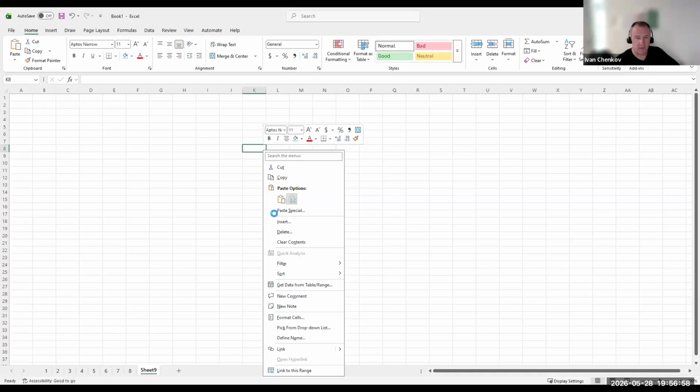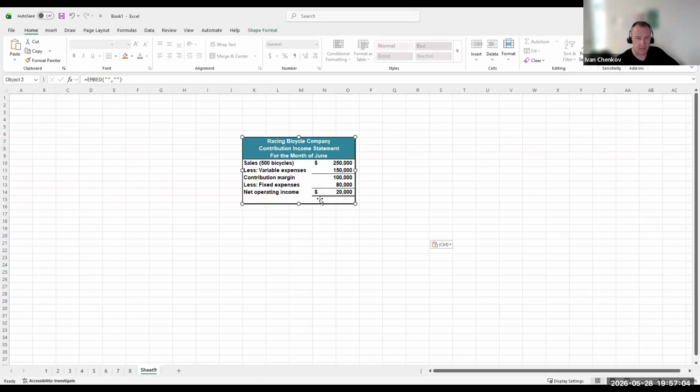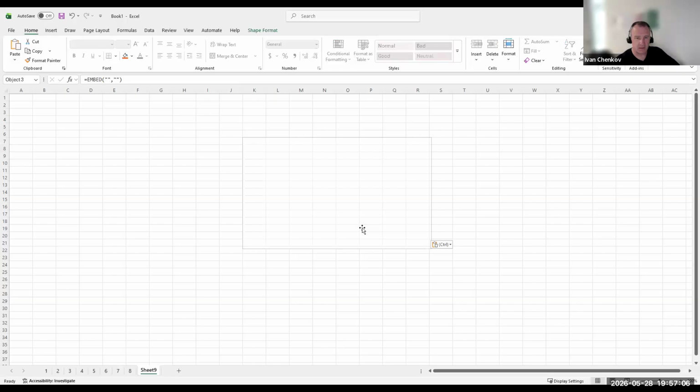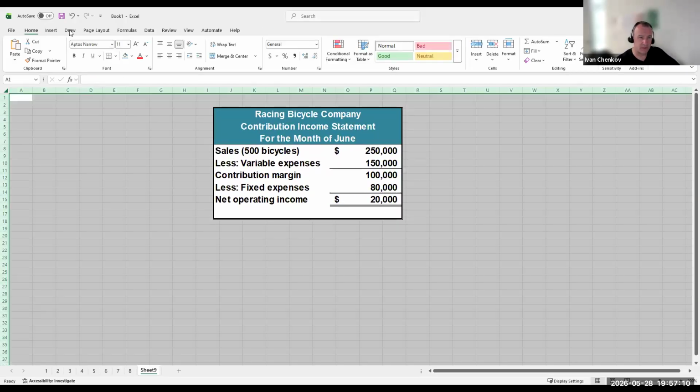Let me share my screen again. Try to get the information now. Let's flip it like this. Okay, I have my information here. Let's quickly close this information and see how that's going to look in our Excel spreadsheet.